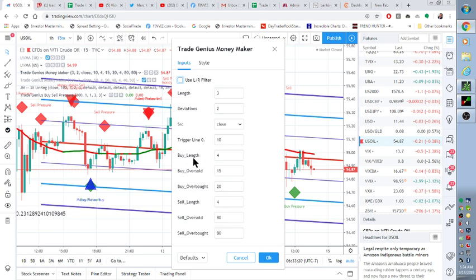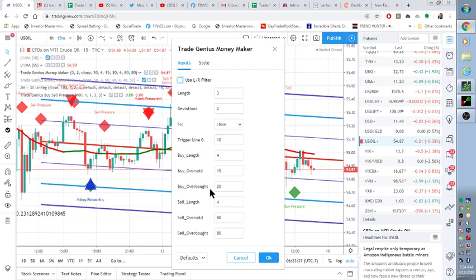My lengths are buy length of 4, I do 15-20, sell length of 4, 80-80, and the 4 is basically a look back. It's a smoothing.